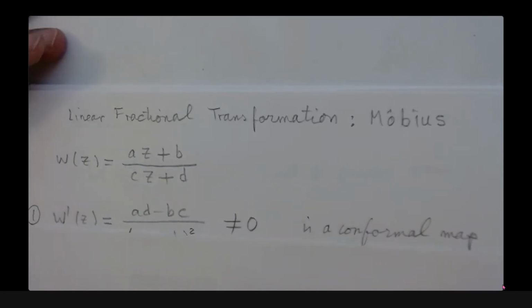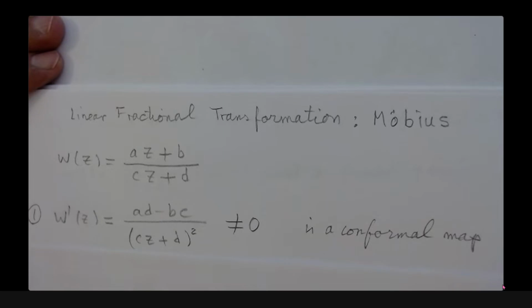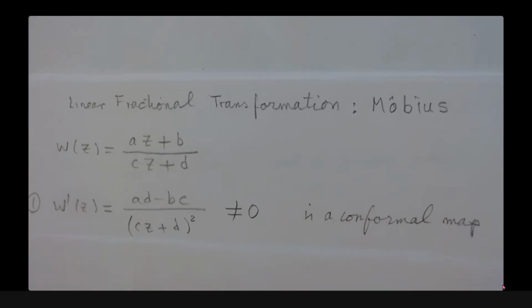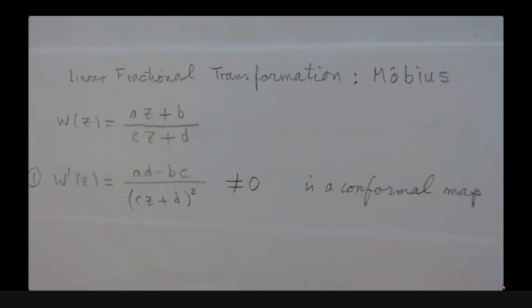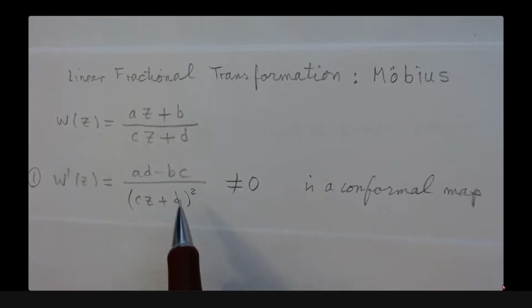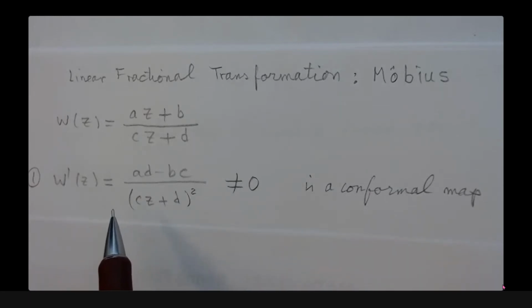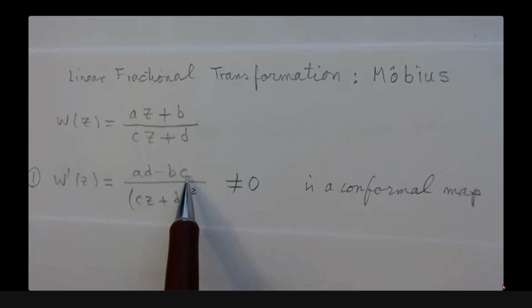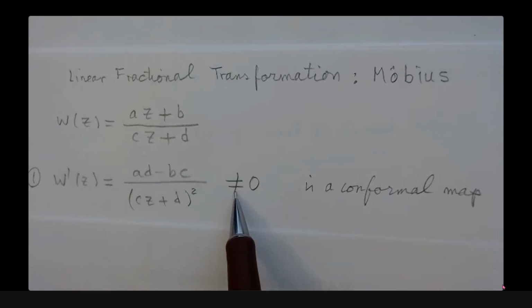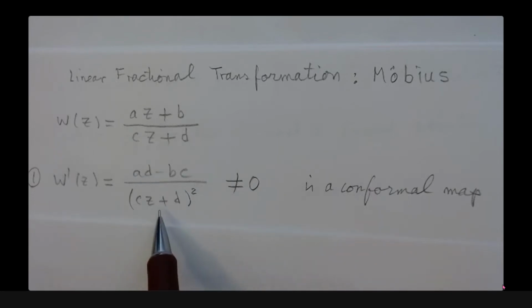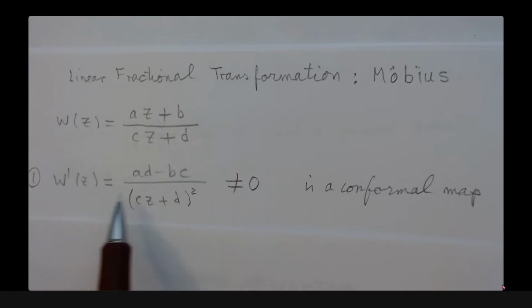If we take derivative, what happens? Now, of course, you use quotient rule, and the condition AD minus BC being non-zero implies that this derivative can never be zero, right?